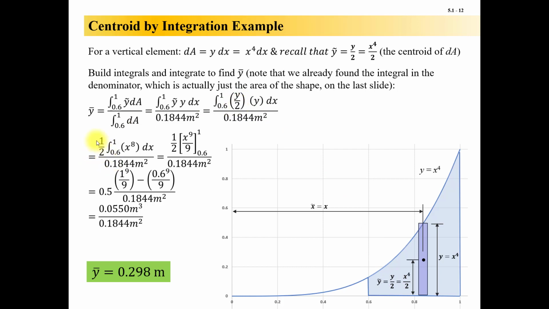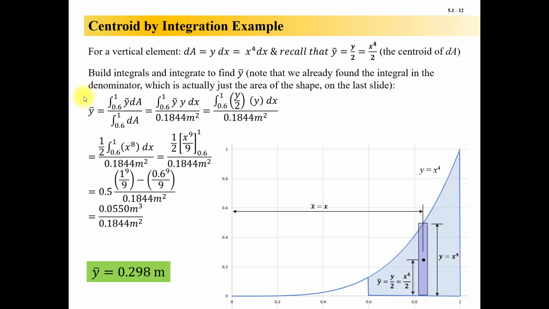I wouldn't have combined it with this number if this were the first one I was doing, because then it would have muddied up that bottom number, and I would have liked to keep it separate. But anyway, so y tilde is equal to y over 2, which is equal to x to the fourth over 2. So that's that height right there, the height to the centroid of the differential area.